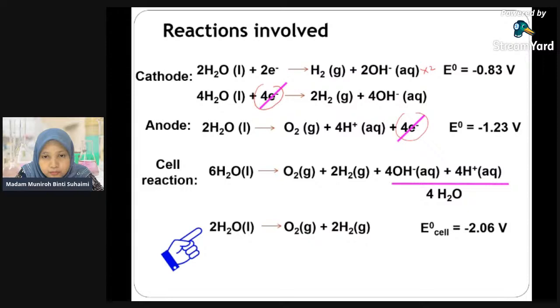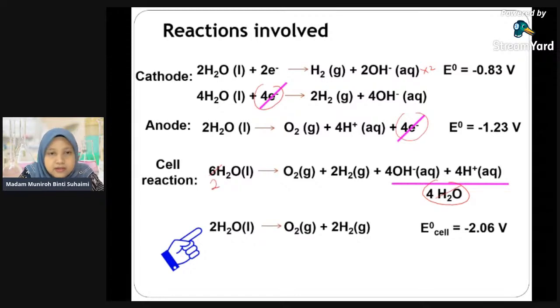When we have 4 mole hydroxide ion and 4 mole hydrogen ion, H plus ion, on the same side, H2O will be formed. To make the equation nicer, we simplify by cancelling 4 moles on the right side and 4 moles on the left side, so we get only 2H2O.